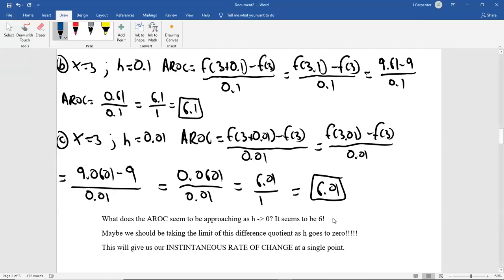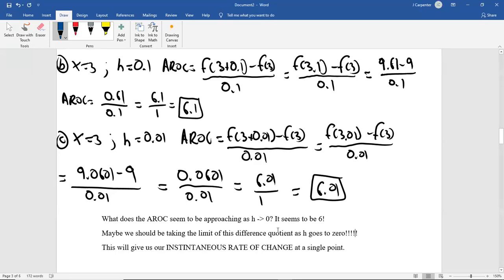What that is suggesting is that if we want to take those two points, x1 and x2, and merge them together, let's take the limit as h goes to 0. We want to squish them together, which means h goes to nothing. The x1 becomes the x2. So maybe we should take the limit of this difference quotient as h goes to 0.